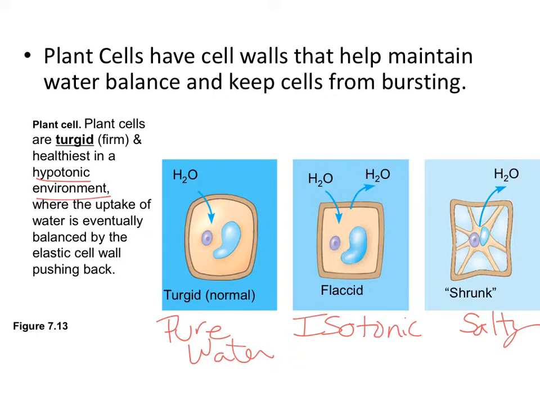And you can see that the cell membrane has pulled inward away from the cell wall. It's gotten all shrunken because you don't have that fresh water pushing in. Water instead is rushing out of the cell, trying to dilute the outside environment.